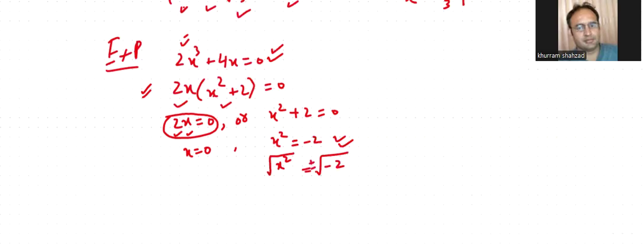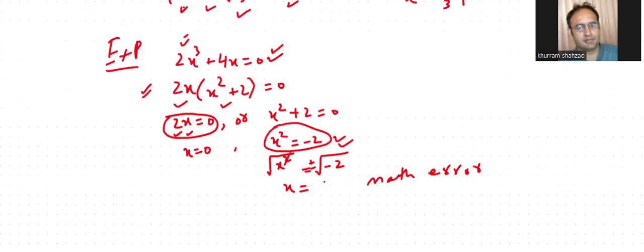So x is equal to, if you try to calculate the square root of -2, you will get a math error on the calculator. So it means that this equation has no real solution. This equation has no solution in R.